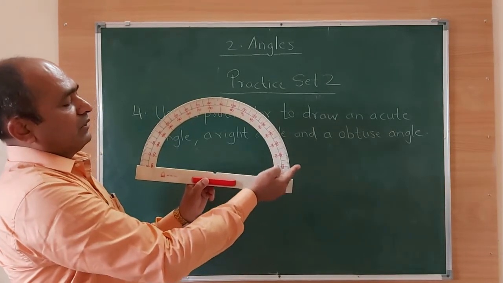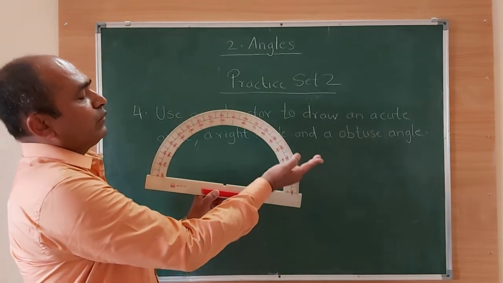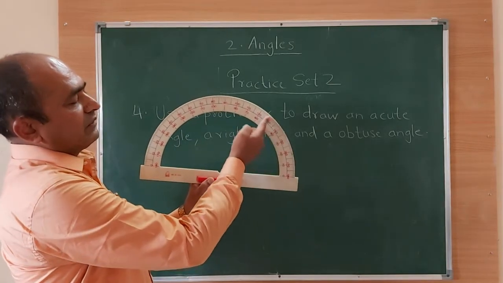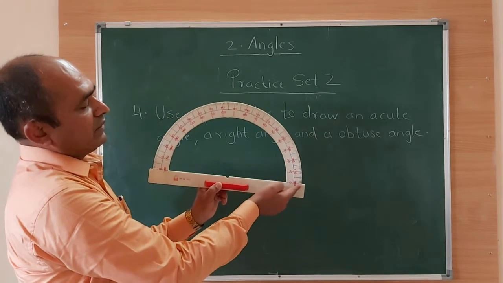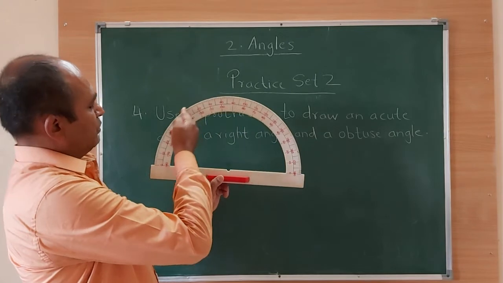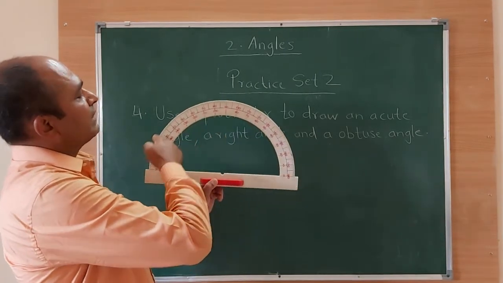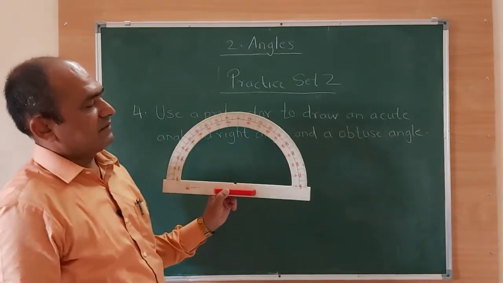You measure in the anti-clockwise direction starting from 0, and the semicircular edge is divided into 180 parts from both sides.